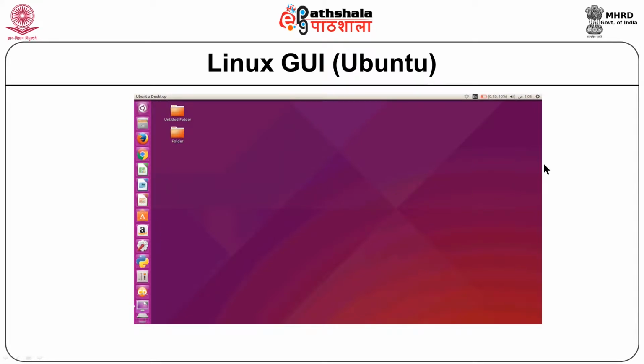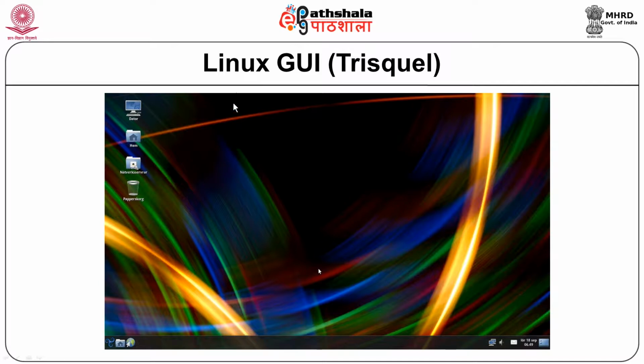Let us see one more desktop. This is another desktop for Trisquel Linux. As I said, this Trisquel Linux is purely FSF approved Linux. So, Free Software Foundation. It is 100% open source. As in the previous case, there was an Amazon icon. Here you will not find any company controlling this Linux distribution.